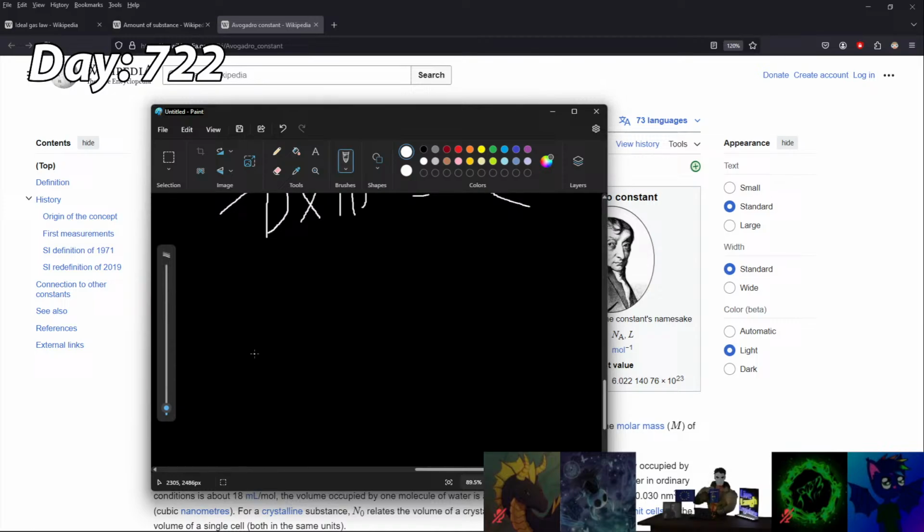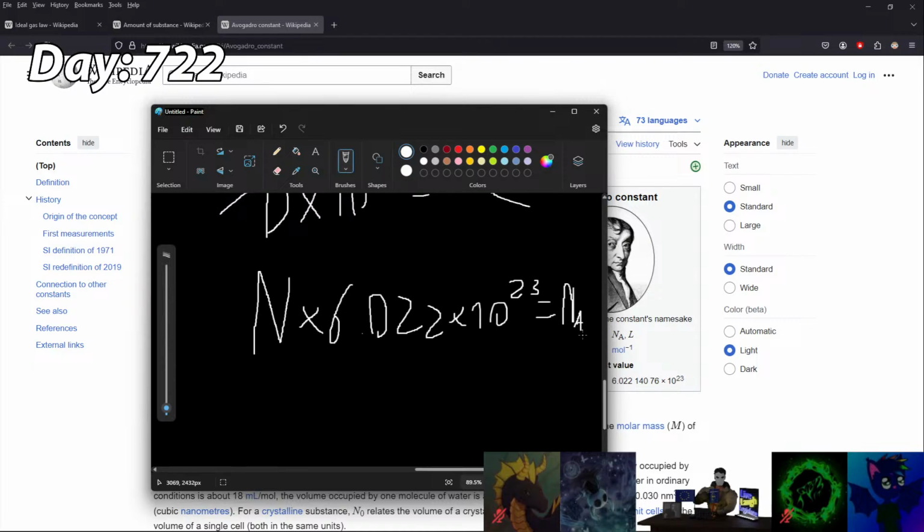So if you take the number of particles and multiply it by something, like 6.022 times 10 to the 23, you will still get the same dimension on the other side. So wouldn't that mean that, in this case, it would be Avogadro, because it said amount of substance, so it would be mole, which means that mole and the number of particles have the same dimension?